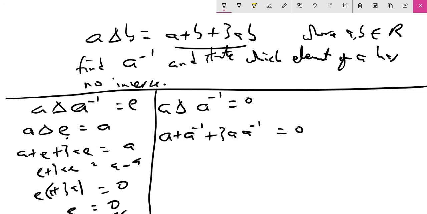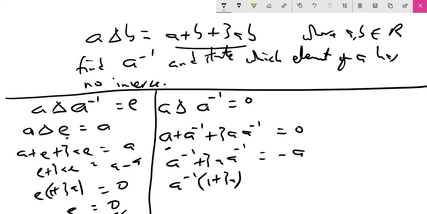We'll make A inverse a subject again. So we have A inverse plus 3A A inverse is equal to minus A. So A inverse times 1 plus 3A equals minus A. So you can divide through by 1 plus 3A.